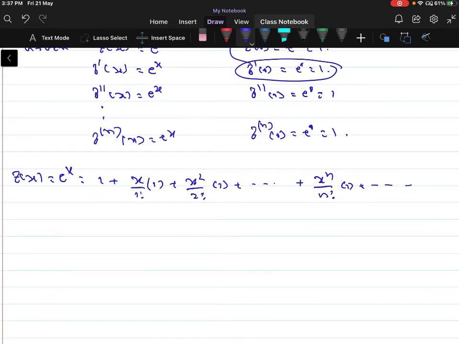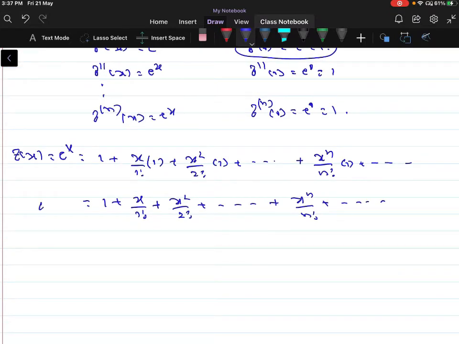So this is equal to 1 plus x by 1 factorial plus x square by 2 factorial and so on plus x power n by n factorial and so on.